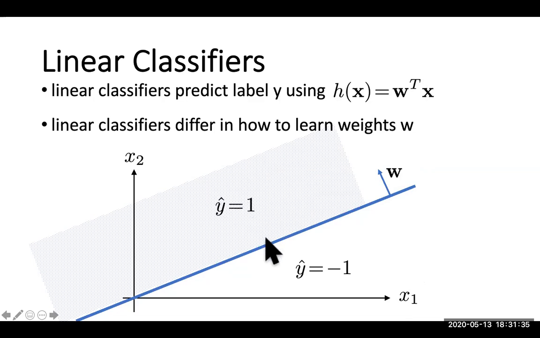The farther we are away from this hyperplane, which is also called the prediction or decision boundary, the more confident we are in this classification. On the other side, we classify as -1. With a linear classifier, you can only implement such decision regions.